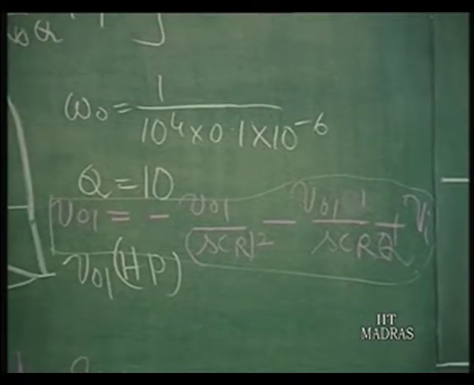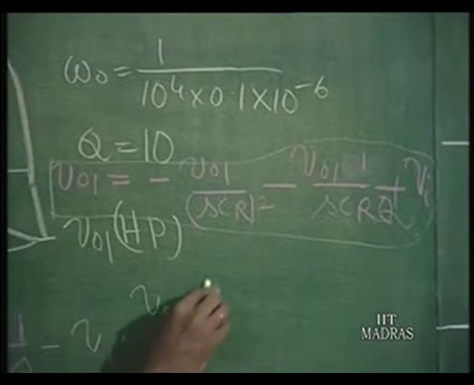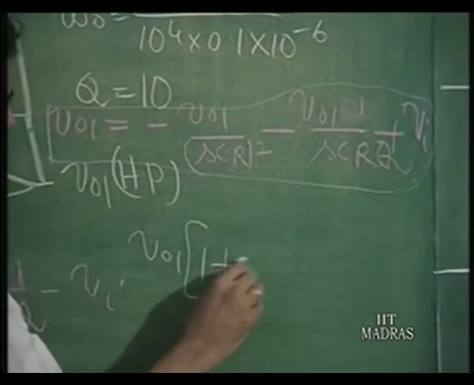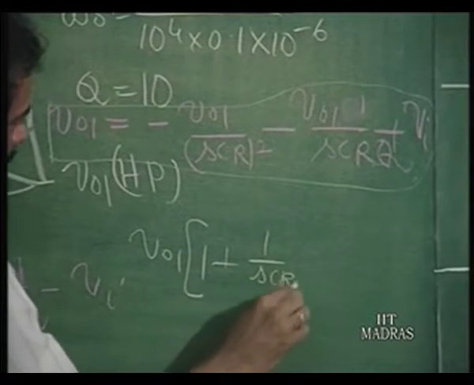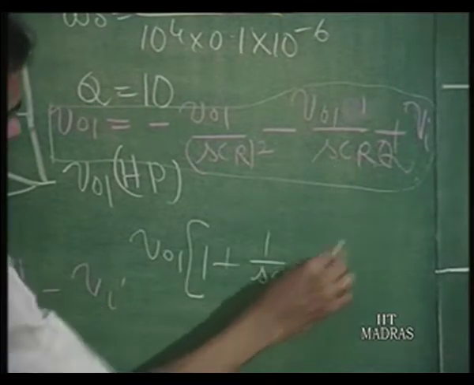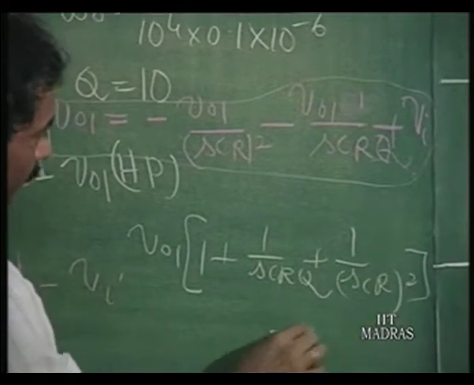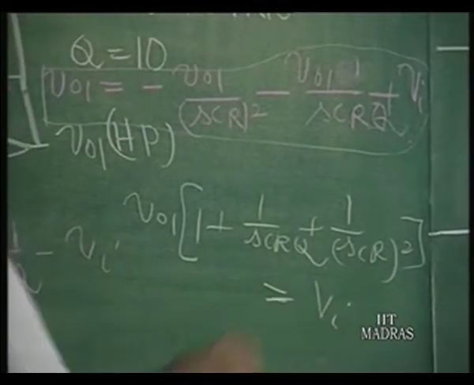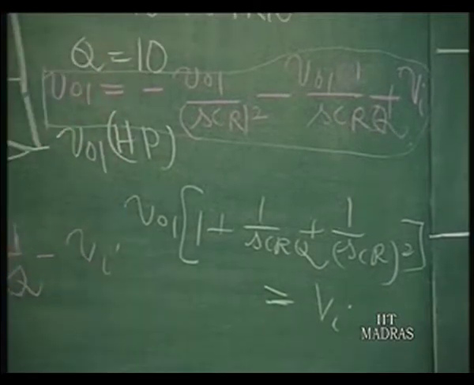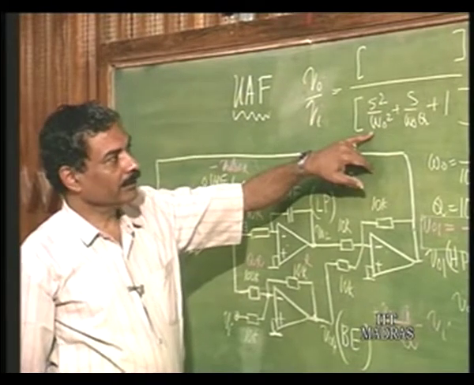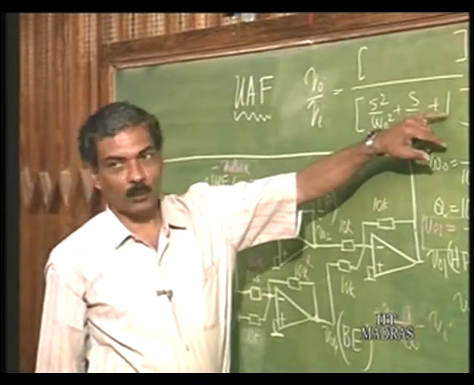So, from this you can note that V naught 1 into 1 plus 1 over SCRQ, this one, plus 1 over SCR squared is equal to Vi. So, V naught 1 by Vi, for example, can be written as S squared by omega naught squared, plus S by omega naught Q, plus 1.